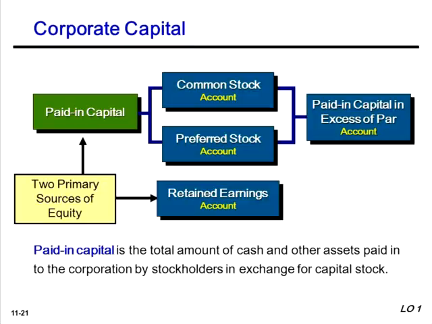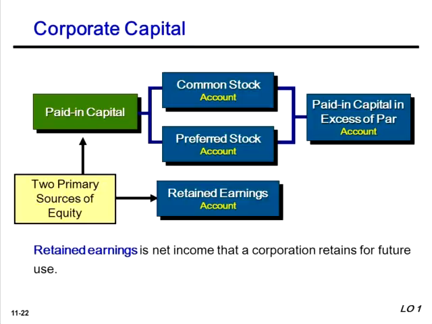Corporate capital is divided into two major categories. One is paid-in capital. That is the amount of money that investors pay into the corporation. So it's the investors that provide the capital funds. The other source is retained earnings, and retained earnings would be all of the undistributed earnings from prior accounting periods.